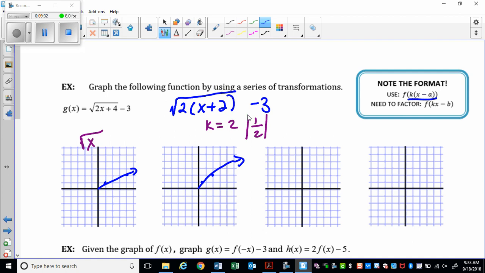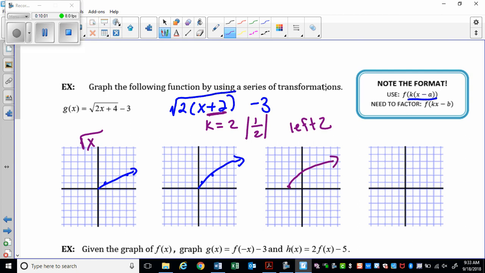And then we can do whatever is on the inside of the square root. We're going to use our transformations, our translations. So we're going to go to the left 2 because it's x plus 2. So I'm going to show you guys right here. I'll just highlight it. So this means to the left 2. So I'm just going to move this whole thing to the left 2 units, and then keep going.